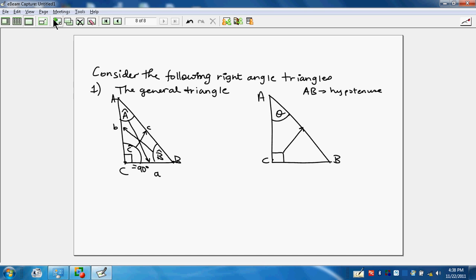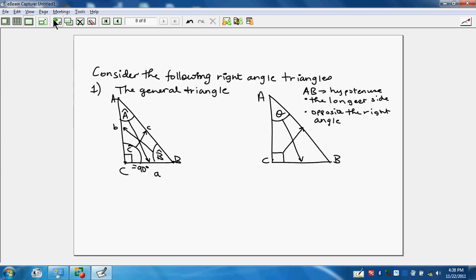And the hypotenuse is always the longest side, and it's always opposite the right angle. That's how we identify the hypotenuse. The next thing we need to identify is the opposite side. In this case, the opposite side will be the side opposite the angle theta, which will be CB.